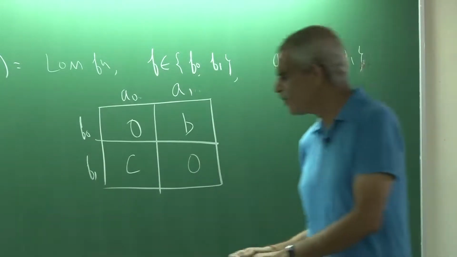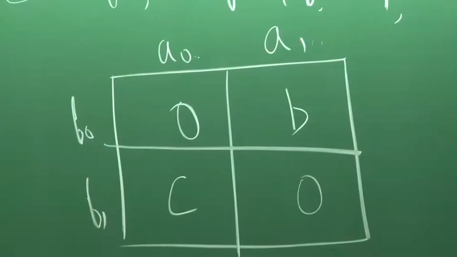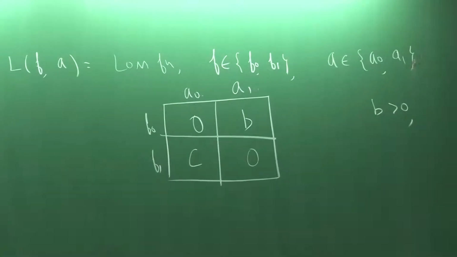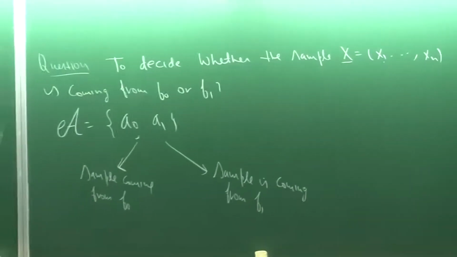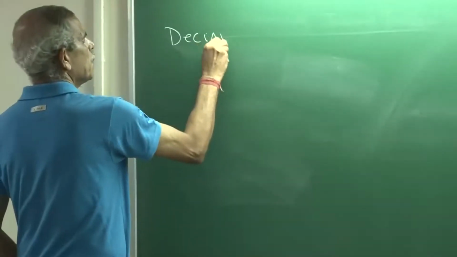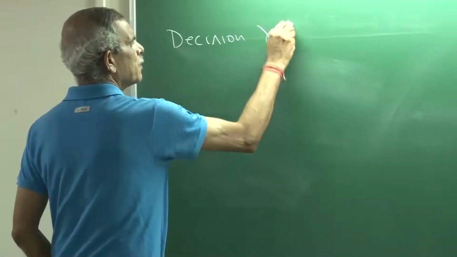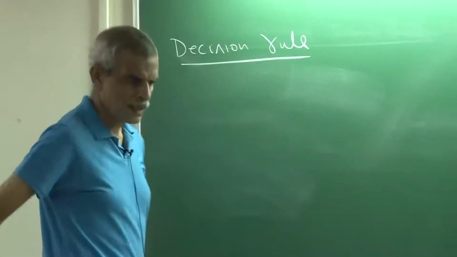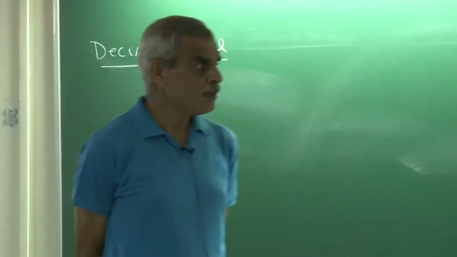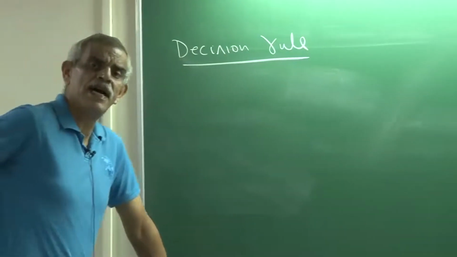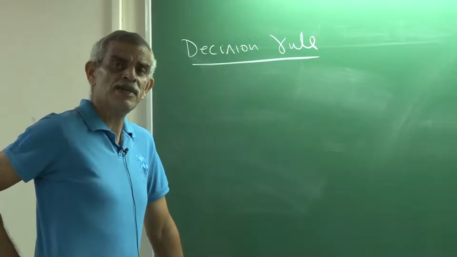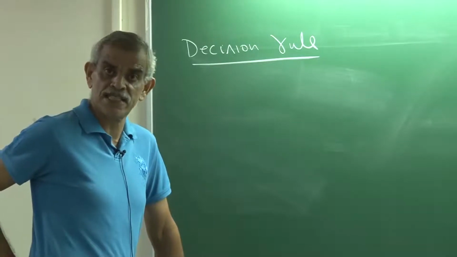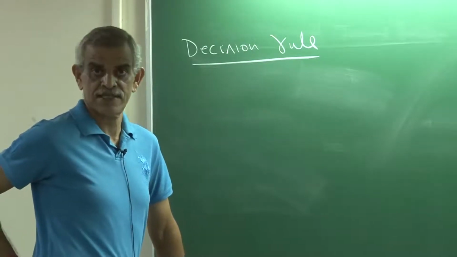Now let's look at what would be a decision rule. If you recall what I had said, a decision rule is nothing but a probability distribution on the xn space for every fixed x.